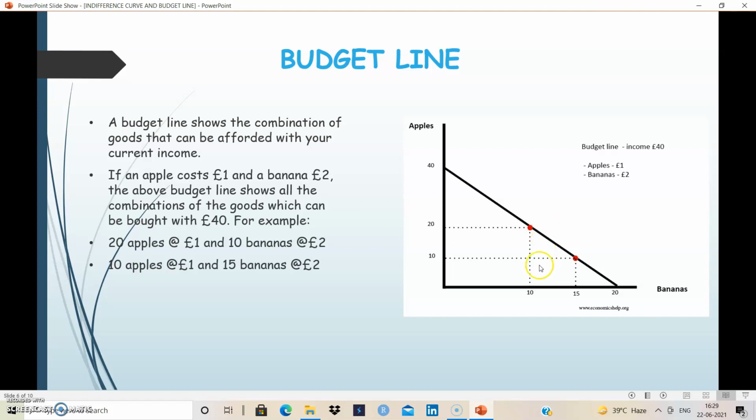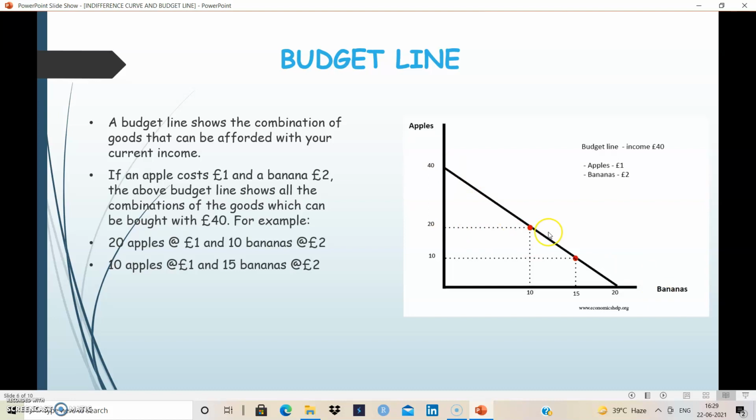So if we buy 10 bananas, we can buy 20 apples in pound 40. But if we buy 15 bananas, we can buy only 10 apples. This shows the budget in which we can buy apples and bananas.